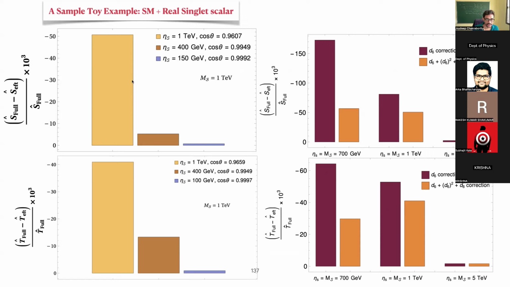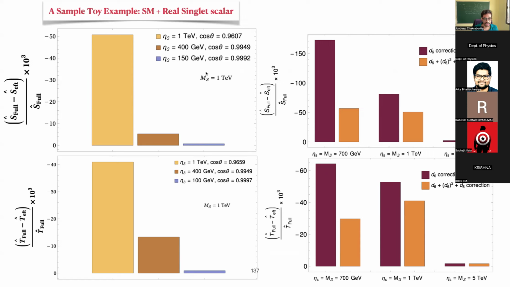Okay, and then you can see that if I choose those scales to be 1 TeV, 400 GeV, and 150 GeV, and these are the defined mixing angles consistent with this value of eta_s and m_s, then you'll see that the deviation we calculate between the full theory and the EFT, while considering contributions up to dimension 8, actually reduces again and again when you go to smaller values of eta_s.